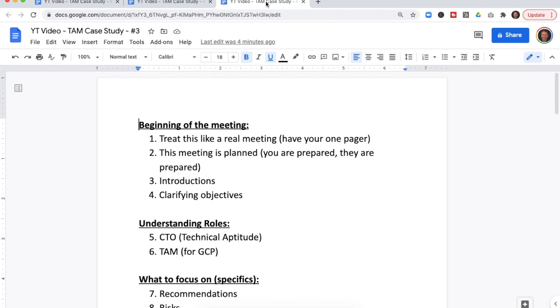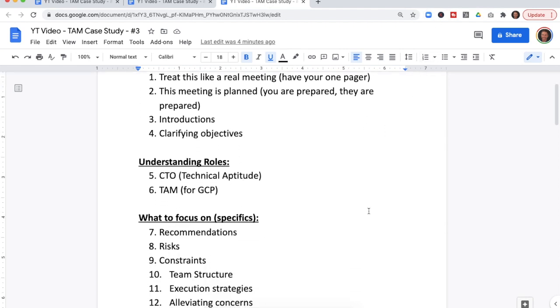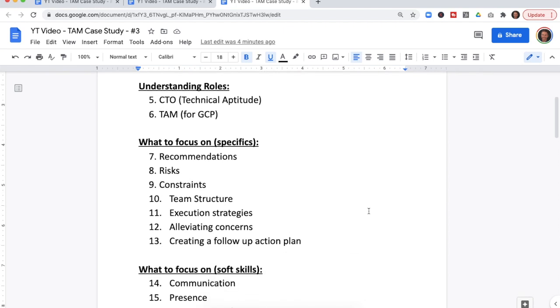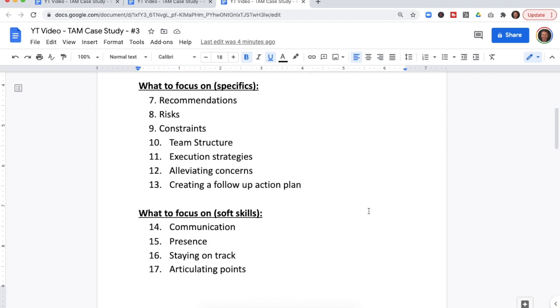And of course, you are absolutely going to clarify those objectives because the CTO might engage with you at that point. Understanding their role. Again, this is a CTO that has technical aptitude. What does that mean? It means you can get into technical depth. And it's just critical that you're thinking about being a TAM for GCP and always having the lens of working for Google. So, two areas to focus in on: specifics and soft skills.